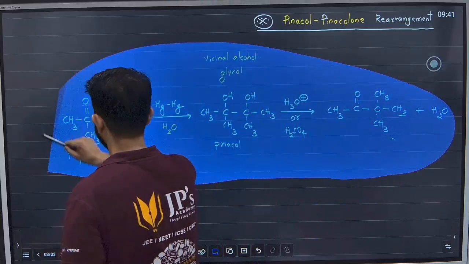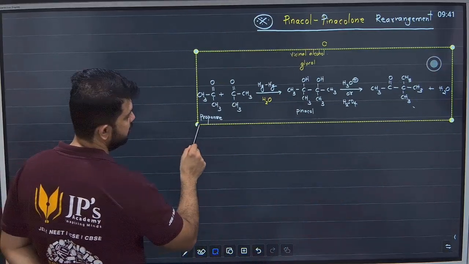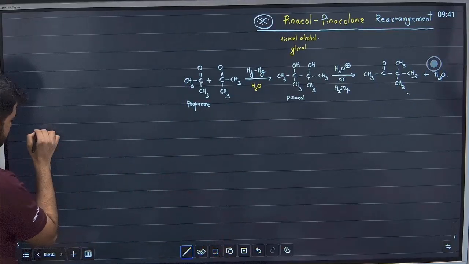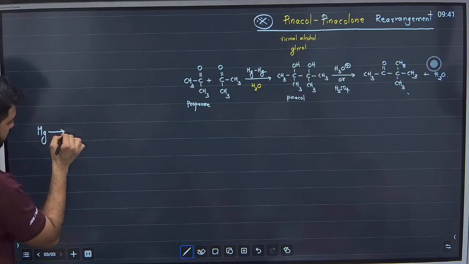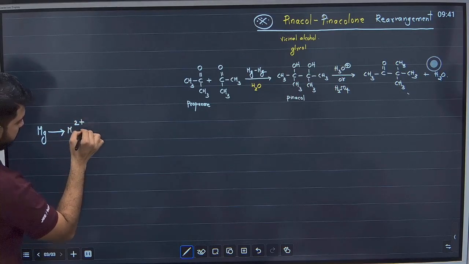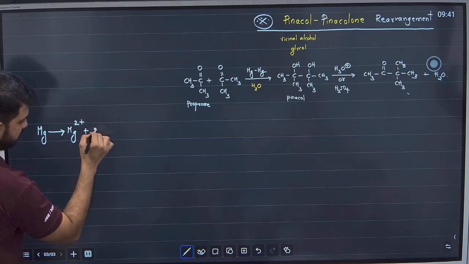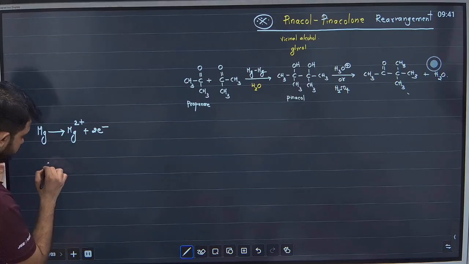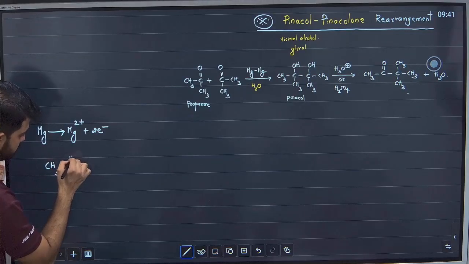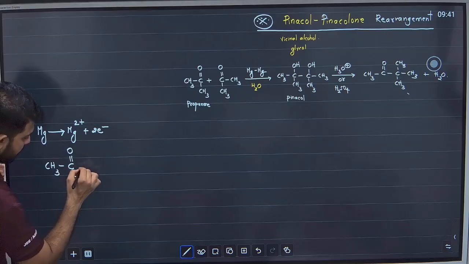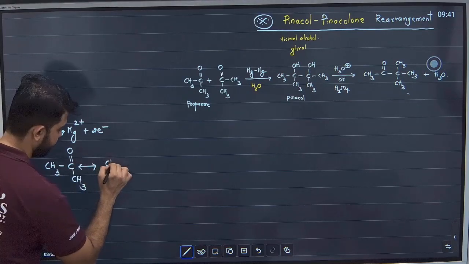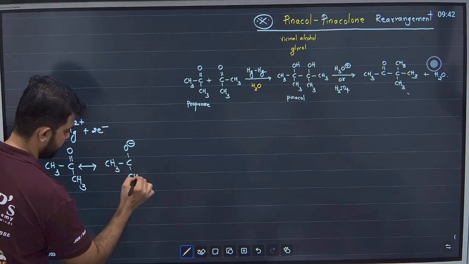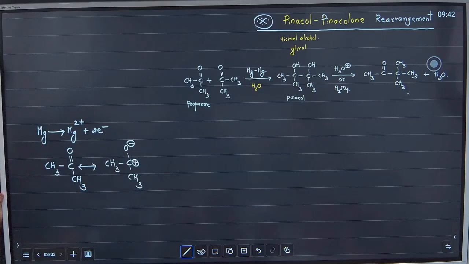It's a very, very simple mechanism. Okay, step 1: magnesium, we know it is a really good reducing agent. And acetone, propanone, after resonance would look something like this. Correct?